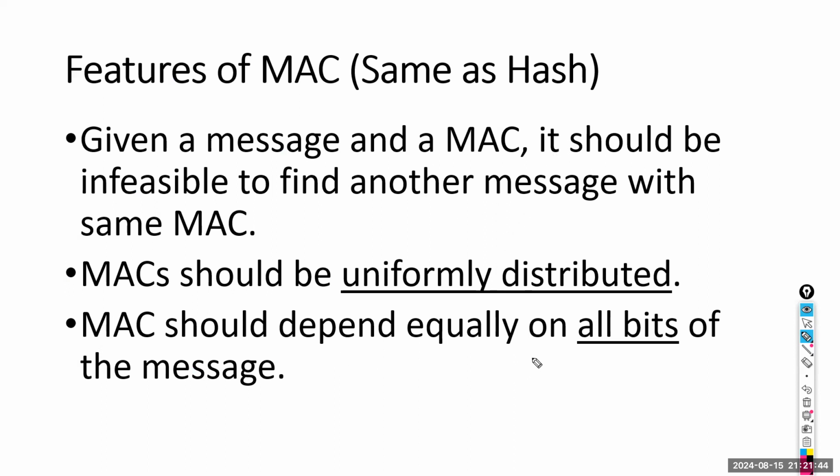MAC should depend equally on all bits. Again, we found that property for hash as well. So your final MAC must depend on the entire message. So the moment you make a small change anywhere, you get a different MAC.